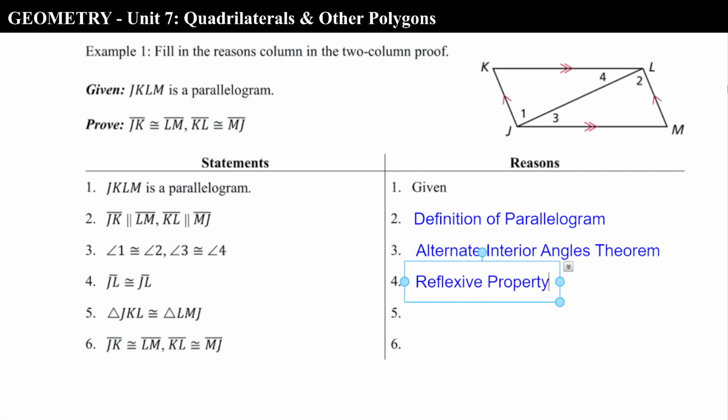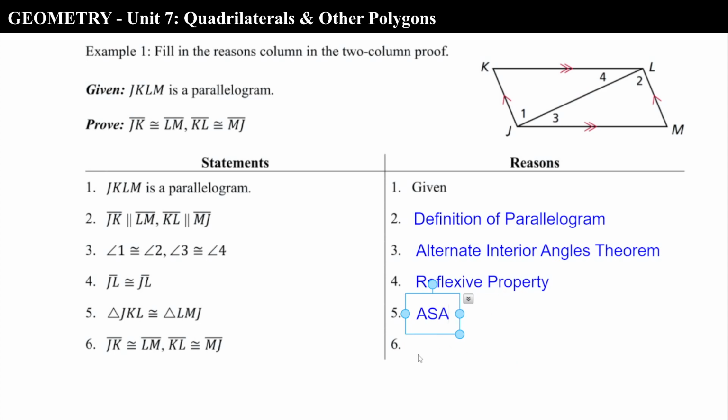Now, triangle JKL is congruent to triangle LMJ. Remember, we're going back to what we know about triangles to show things. And we know that because we've shown angle 1 is congruent to angle 2, angle 3 is congruent to angle 4, and the side between the angles is congruent. So that is angle side angle.